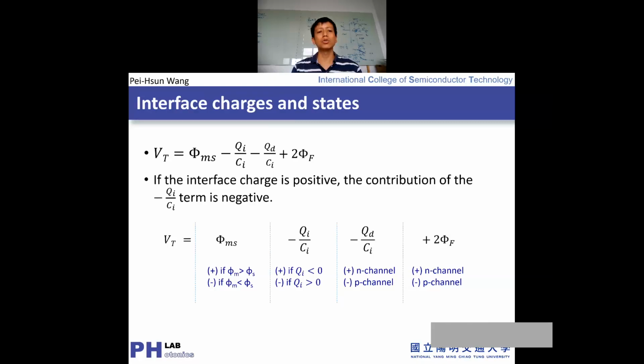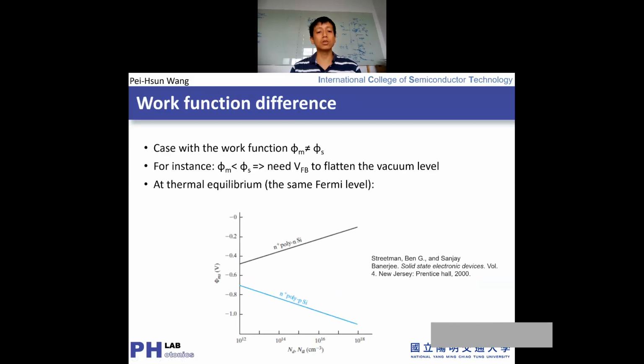For the threshold voltage, if the interface charge is positive, you get an additional minus QI over Ci, which is negative. So if you get a positive charge in the interface, you get additional negative terms in the threshold voltage. So you can compare how much threshold we need to apply. So if you get phi N larger than phi S, in which we get a positive phi MS, the flat band voltage you can compare with the previous one.